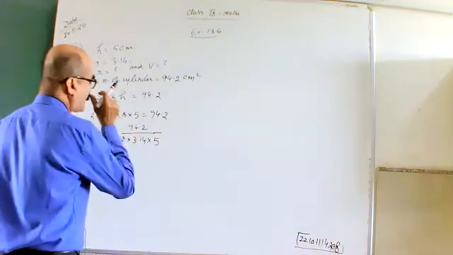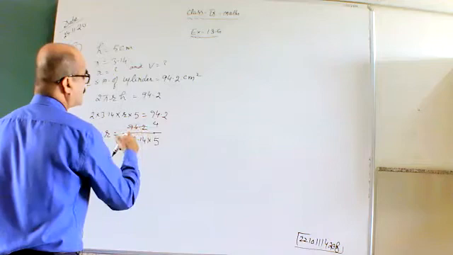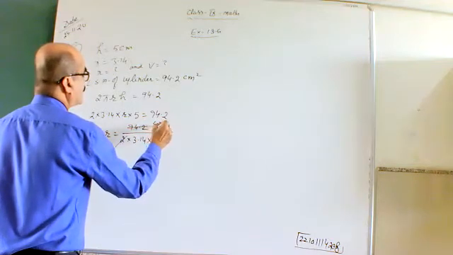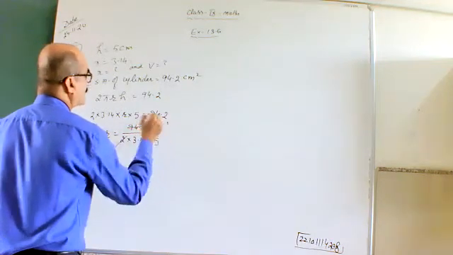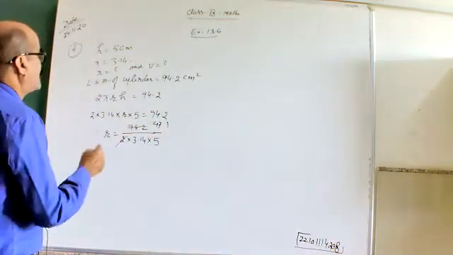So this 2 can be cancelled, 2 4s are 8, and 2 7s are 14, 2 1s are 2, okay, and you can cancel it.